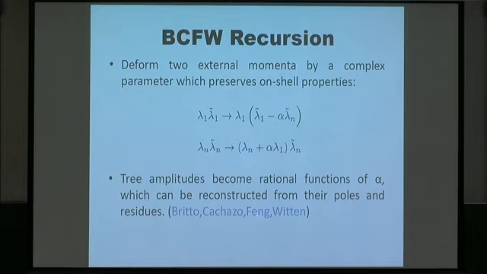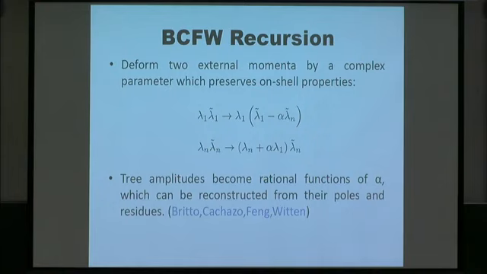And the idea is to simply deform two of the external momenta by a complex parameter in such a way that you preserve the on-shell properties. So for example, I'm going to choose to deform legs 1 and n. And the deformation looks like this. So I shift the lambda tilde 1 spinor, and I shift the lambda n spinor. And you can see that this shift preserves the fact that these momenta are still in bispinor form, so they're manifestly massless.